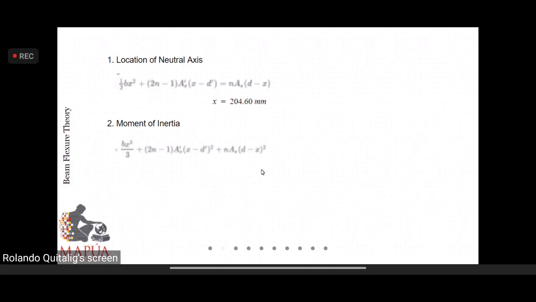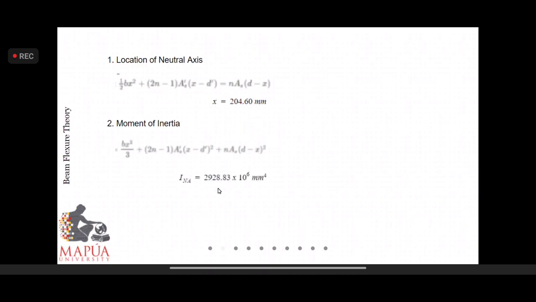The distinctions there, other than the representation of the equivalent transformed section, will be the corresponding moment arms. So this will be for the concrete, bx cubed over 3. This will be for the compression steel. And this will be for the tension steel.